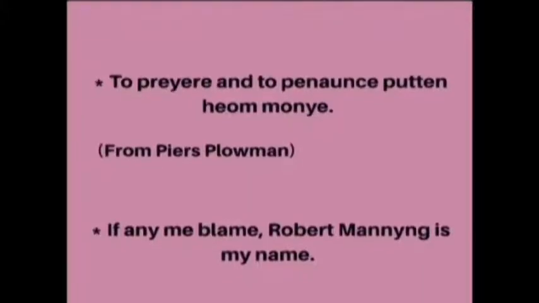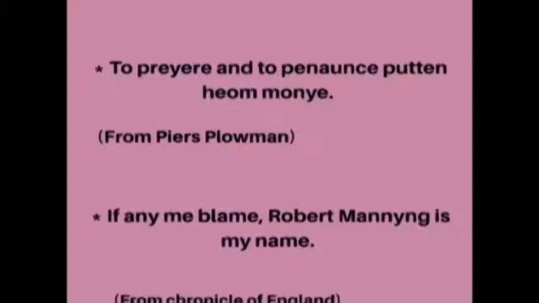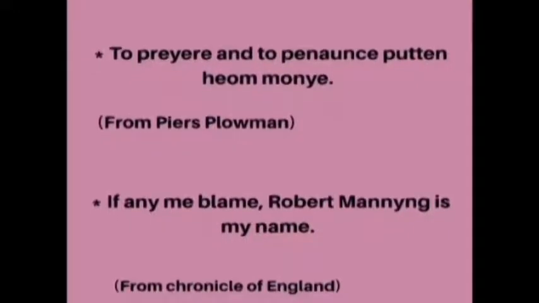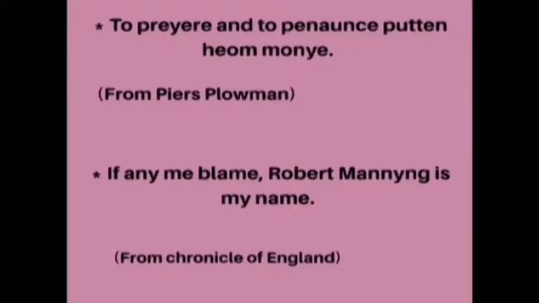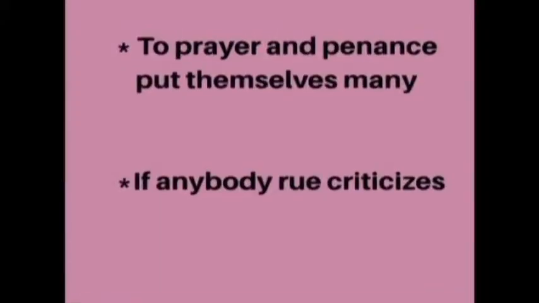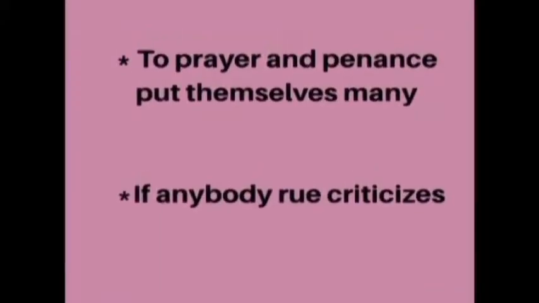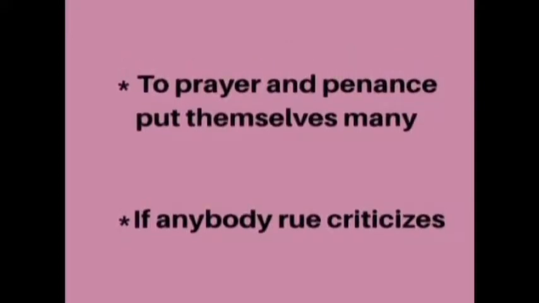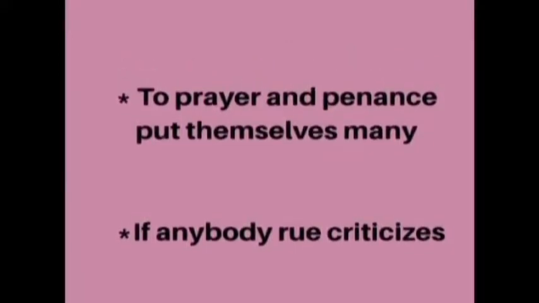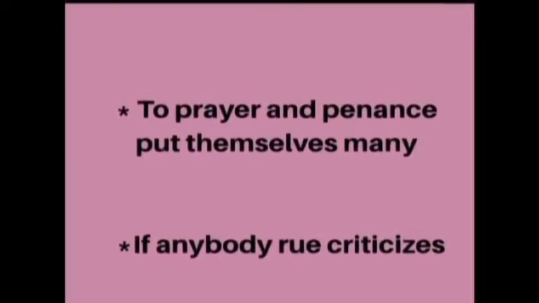To prayer and to penance put himself many, from Piers Plowman. If any enemy plays, Robert Manning is my name, from Chronicle of England. The rules which allow this are no longer productive in modern English, so that to prayer and penance put themselves many, and if anybody rude criticizes, are no longer acceptable in modern English.